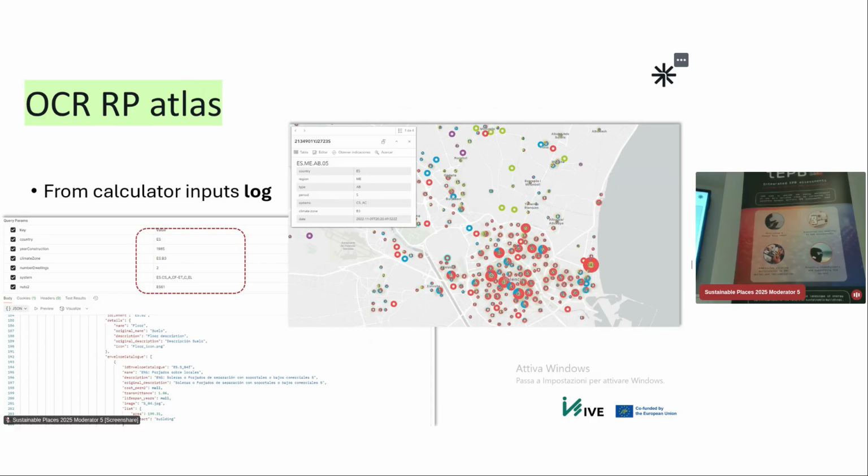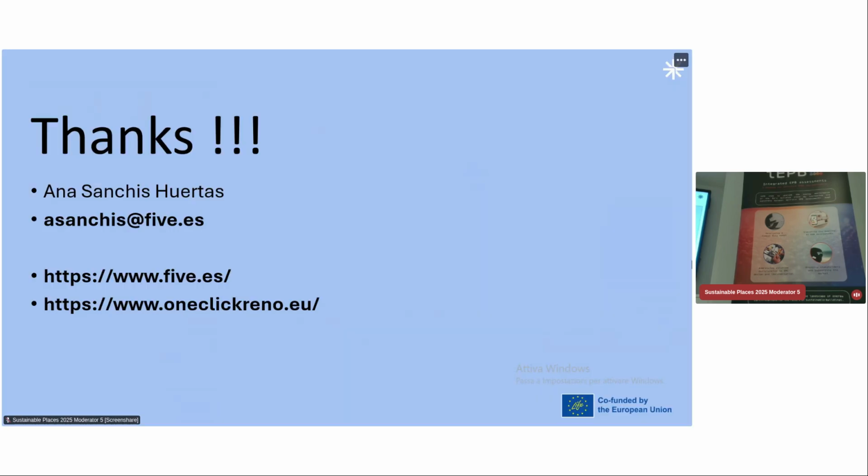So at the end, we will be able to build some kind of dashboard in which we can monitor and follow up the different diagnosis and renovation intentions in the different buildings that have used all of our tools. And this is all that I wanted to share with you about the OCR.